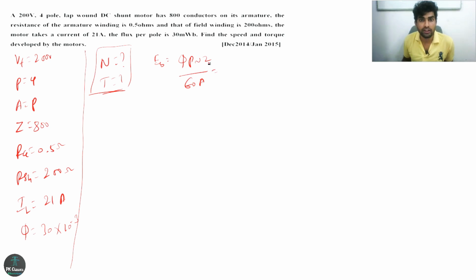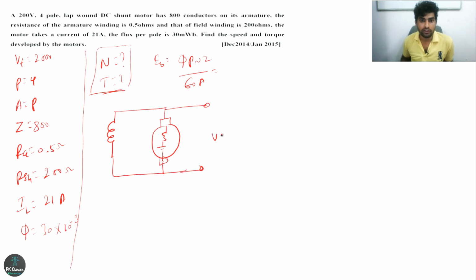So phi is given and then P also given, everything is given, but EB we don't know. EB we can calculate, right? By applying KVL, by using internal circuit diagram of a shunt motor. So I'll draw a diagram now, shunt motor. There is an armature present, here there is an armature resistance, this is EB, and this one is terminal voltage VT, okay, and the motor takes a current of 21 amps.